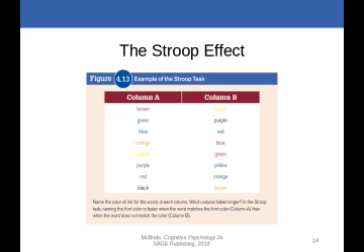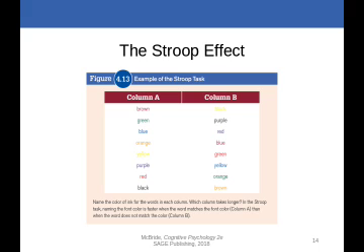If I just ask you to read the words, blue, red, you don't do so badly at that. But if I ask you to read the color of the words, so I print the words in different color fonts and ask you to name the color of the font of each word, for the word blue printed in blue font, you're not going to have any problem.